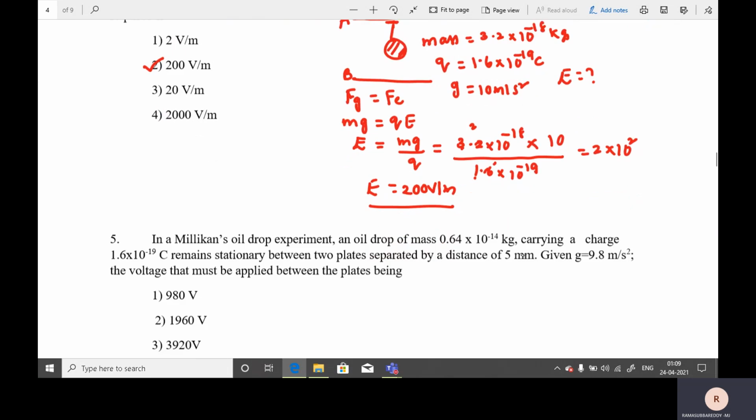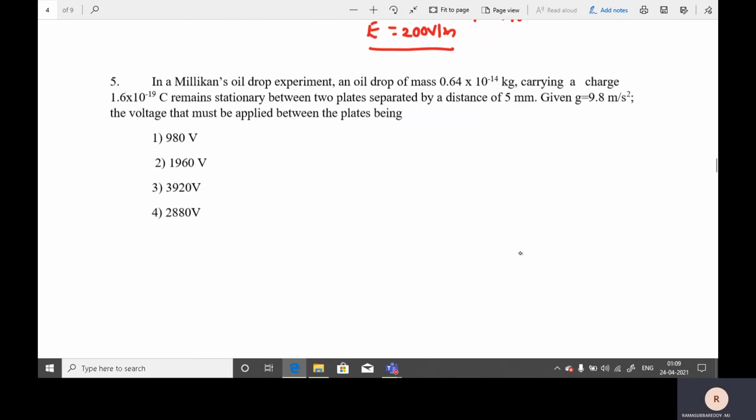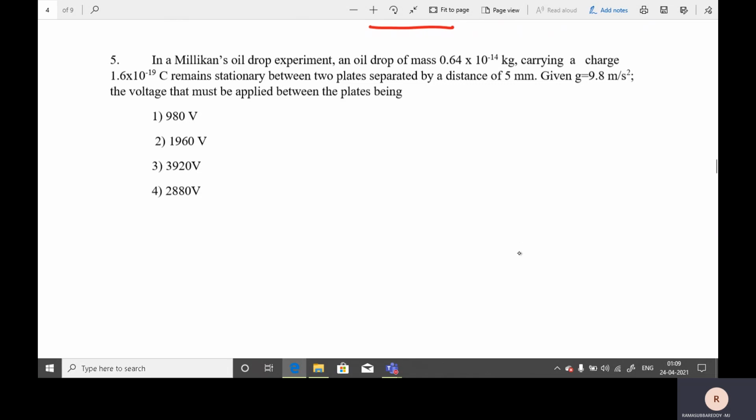Next, we'll see the fifth question, Millikan oil drop experiment. In Millikan oil drop experiment, an oil drop of mass, what is the given mass? They given, carrying a charge they given it. Here also it is stationary between the plates separated by a distance 5 mm.